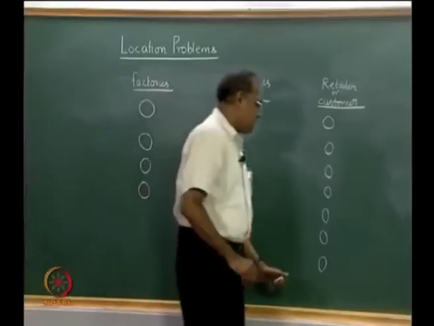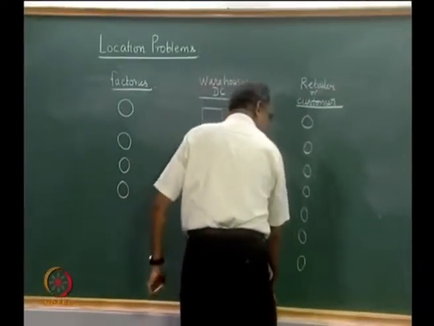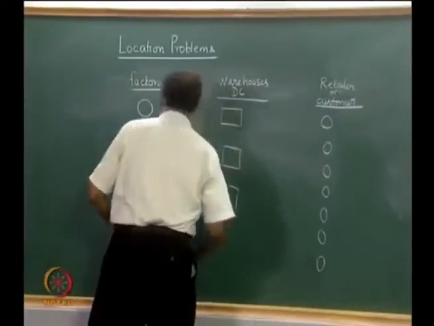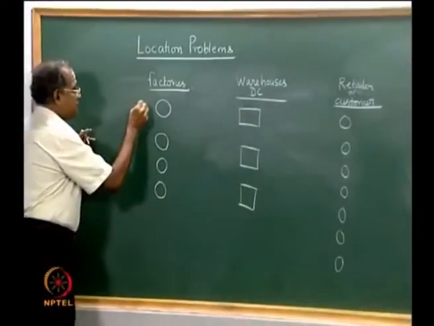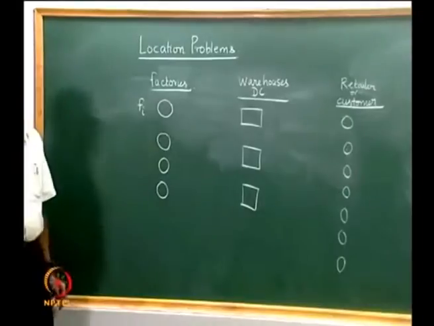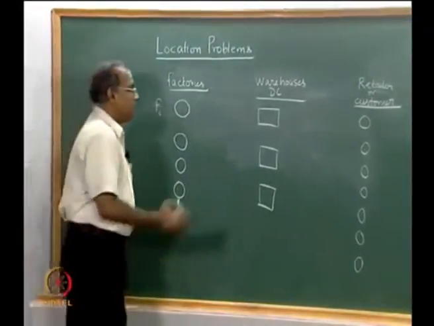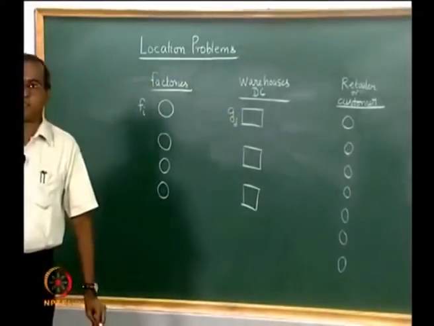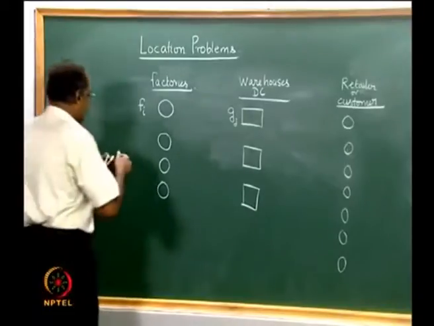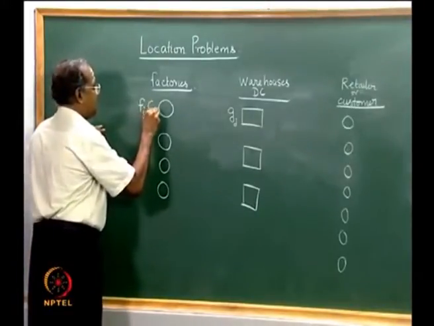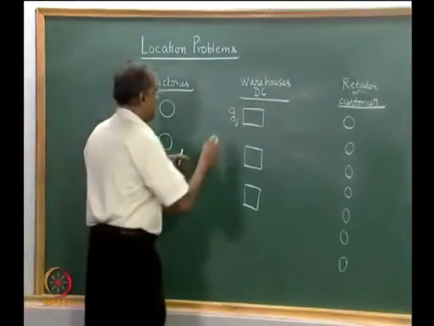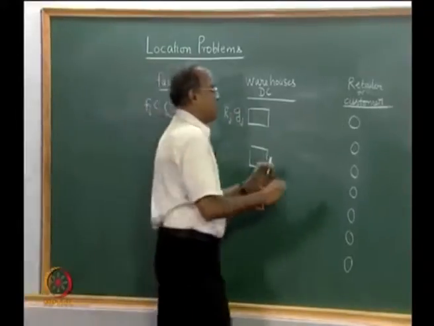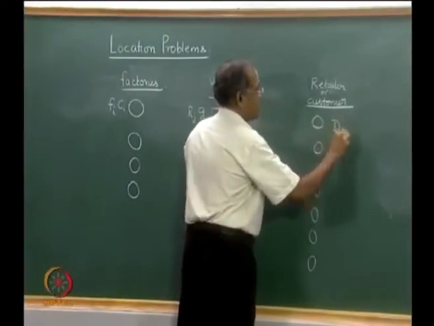Now, we could say that there is a fixed cost Fi of locating a factory here, there could be a fixed cost of Gj of locating a warehouse in this place. So, then there will be a capacity of Ci here and there could be a capacity of some Rj here and there will be a demand of Dk from customer k.